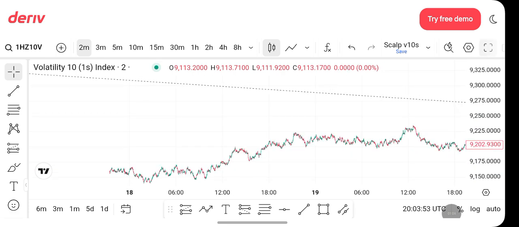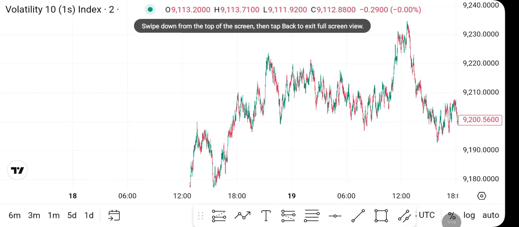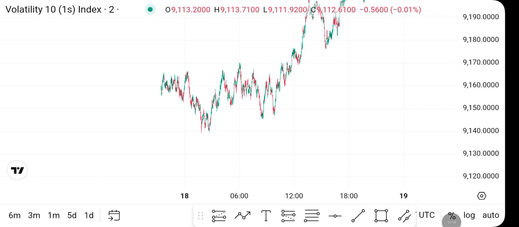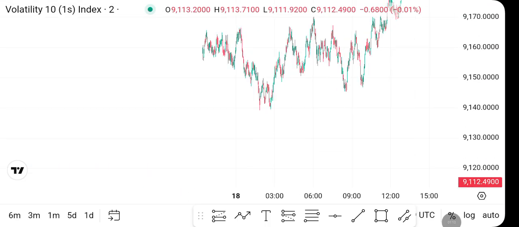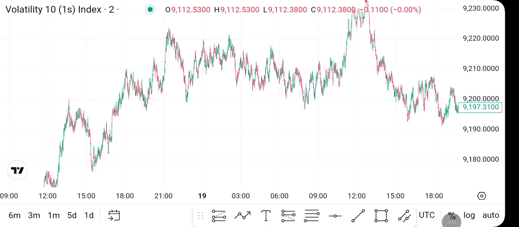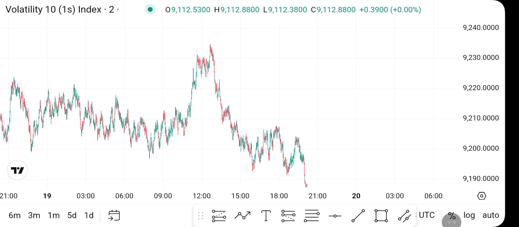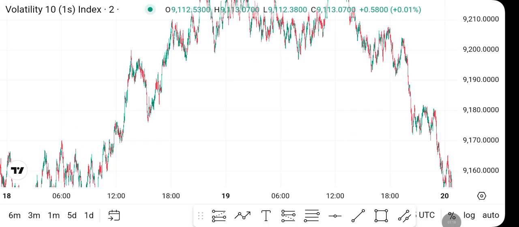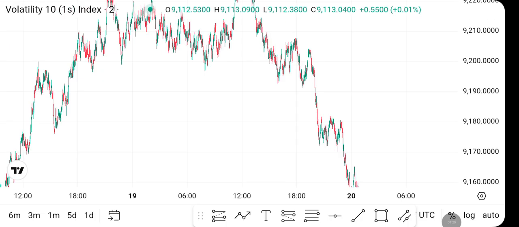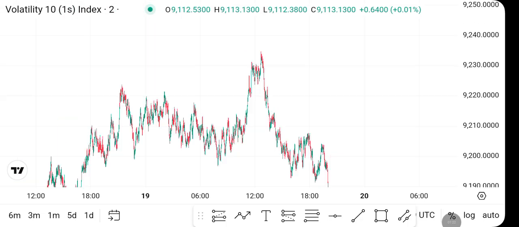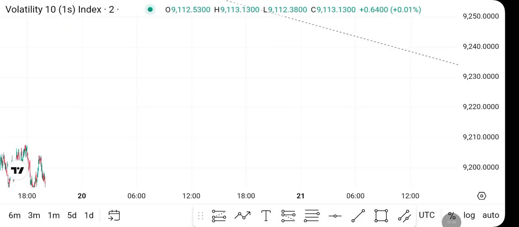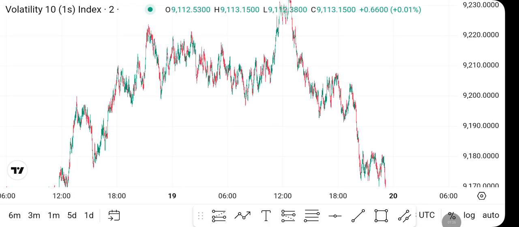Make sure you're following the trend. If the market is buying, follow the trend. If it is selling, follow that trend and scalp with it. For now, let's follow this sell.